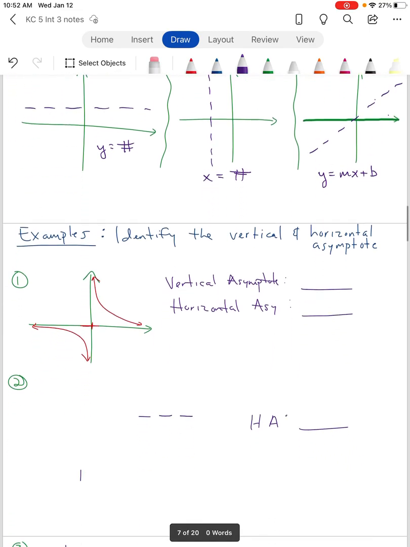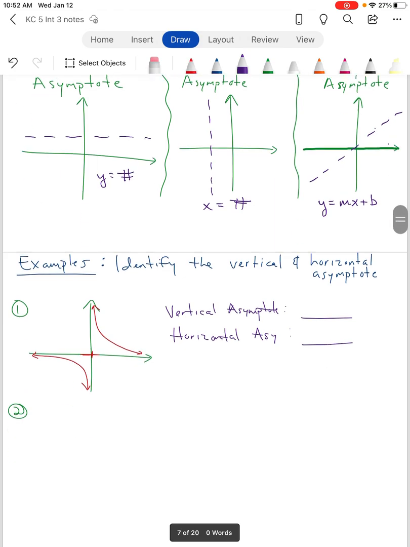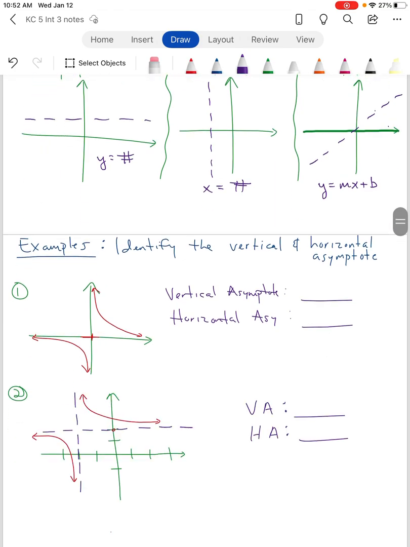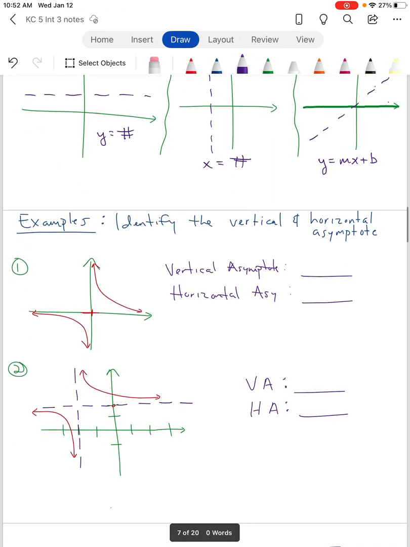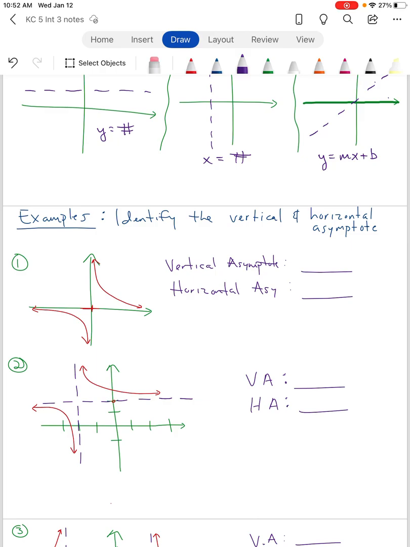Okay, so our examples. We're going to identify the vertical and horizontal asymptote of the graphs given. For number 1, I gave you a graph, and you see that these red lines will not cross my x and y axis. So although I don't see any dotted lines, they aren't crossing those axes.